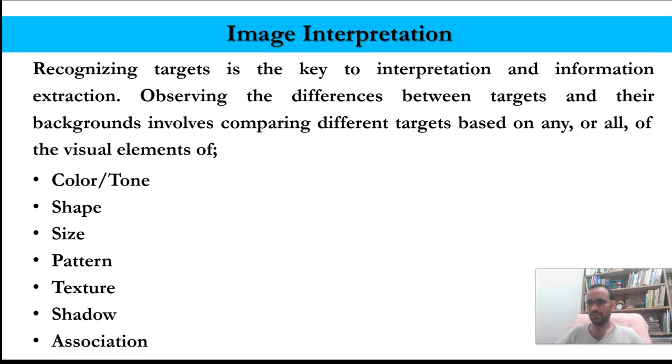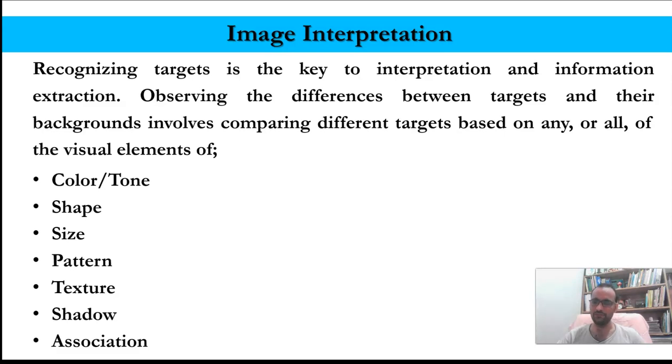If the round thing has a yellow color and size, you already know how much size your lemon has. So you immediately recognize this as a lemon by the color, by the size, or by the pattern. It's round.